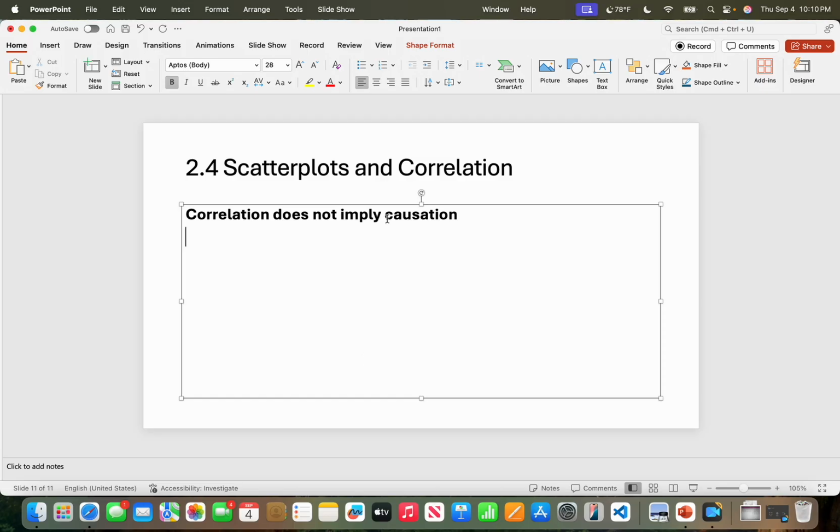My 11th grade chemistry teacher taught me this for some reason, or it was the first one where it stuck in my head. He talked about ice cream sales and shark attacks. So the more ice cream you sell, the more shark attacks there will be. But of course, the problem there is we're just not considering that maybe it's summertime, and so people are hot outside, so they want a cold treat.